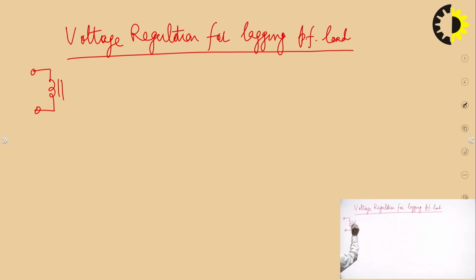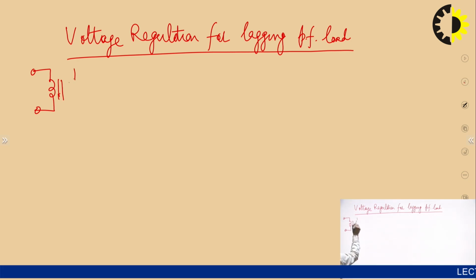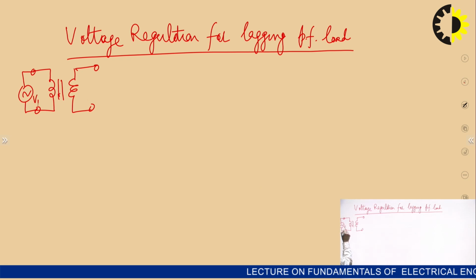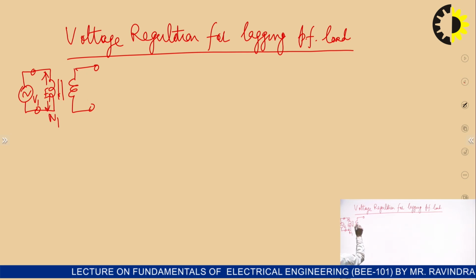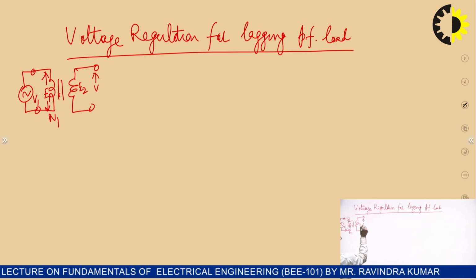This is a symbolic representation for a transformer. Now suppose I am using this side as primary, so I will be connecting a voltage supply V1 here. In the primary I will be using subscript 1 with all the quantities. It has number of turns N1, and the induced EMF is E1 here. In the secondary it has induced EMF E2 and terminal voltage V2.